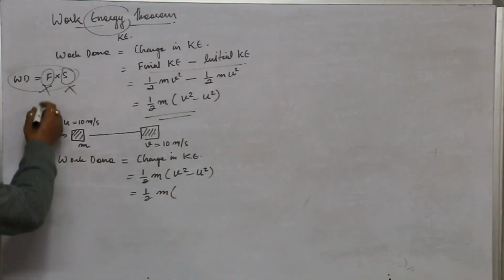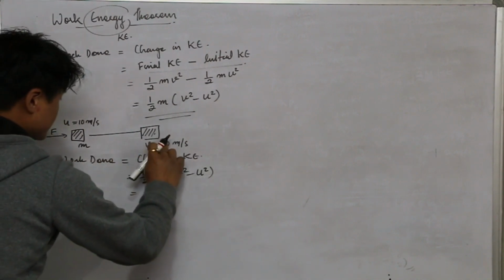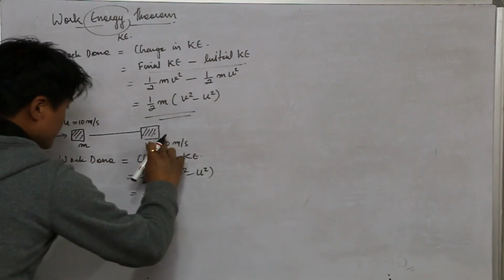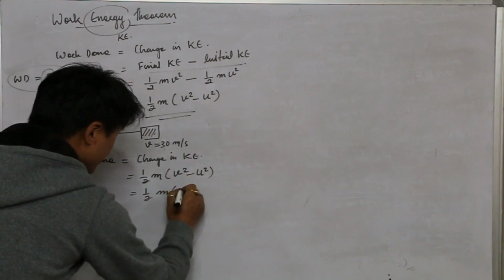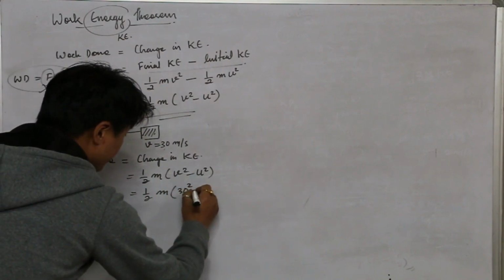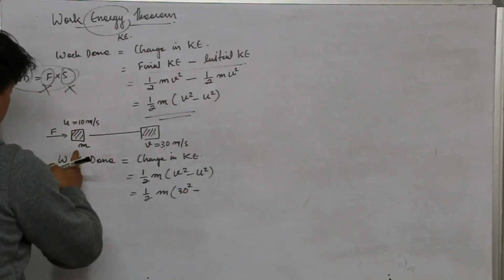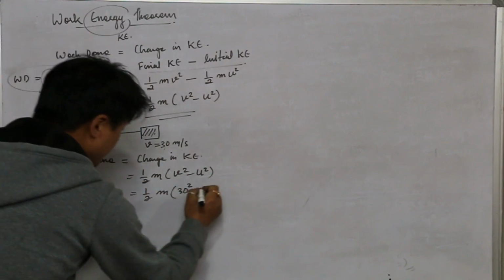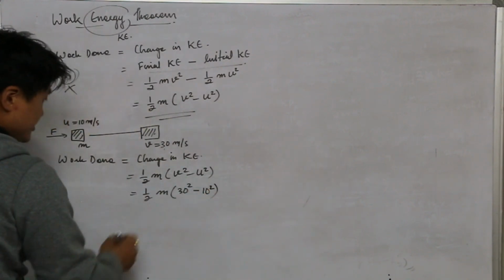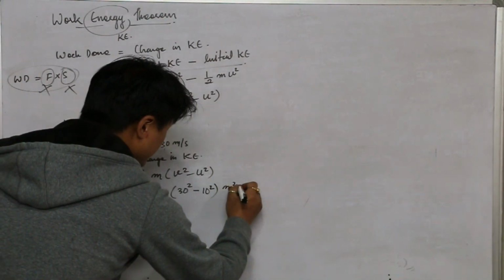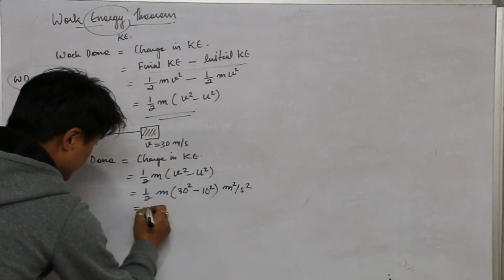V is how much here? Suppose this is 30, increases to 30, so this will be 30 square minus, u is here 10 square, in meter square per second square.